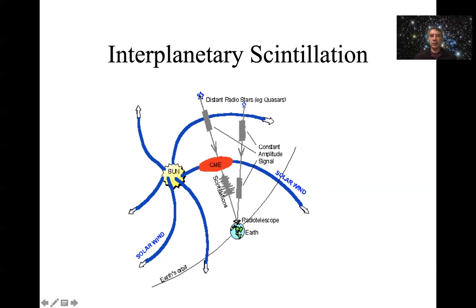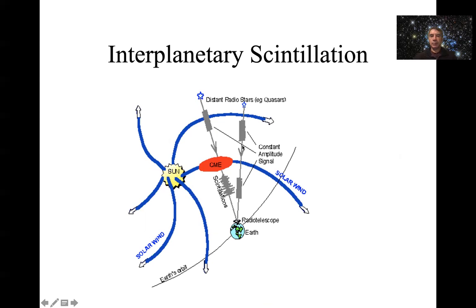We are looking at distant radio sources, usually extragalactic background sources like AGN, quasars, or radio galaxies, and probably quasars. You need a strong point source.